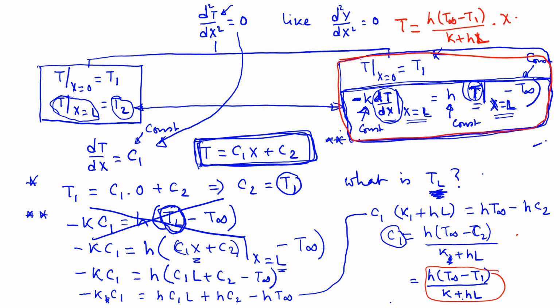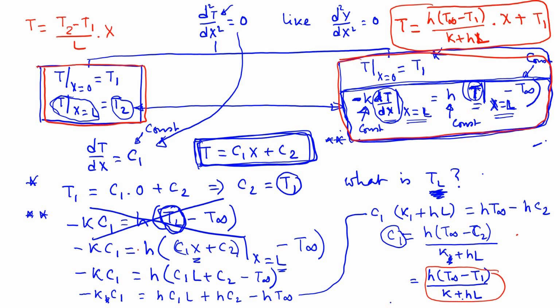So this is my solution. Now you might recall that for the previous boundary condition, the solution was T is equal to T2 minus T1 over L times x plus T1. Let me make sure it satisfies the boundary conditions. If I plug in x equal to 0, I get T1, and if I plug in x equal to L, then I get T2. So it is satisfied.